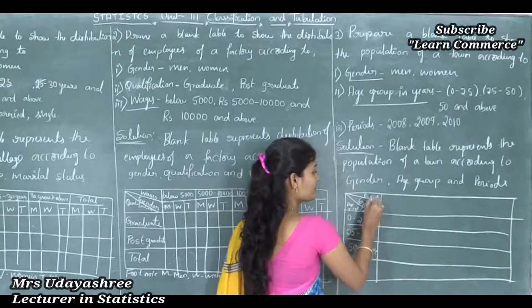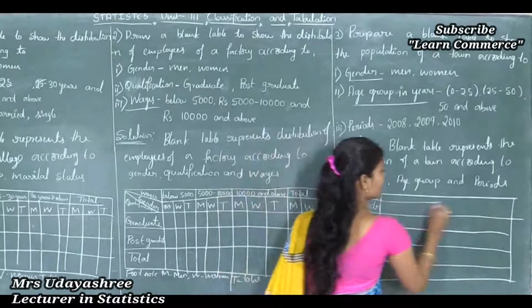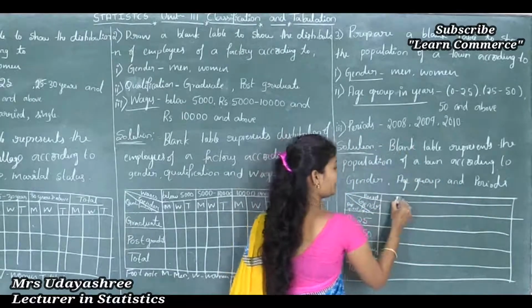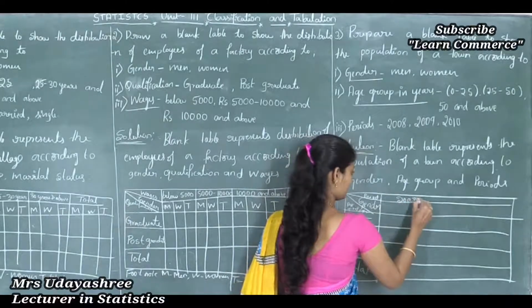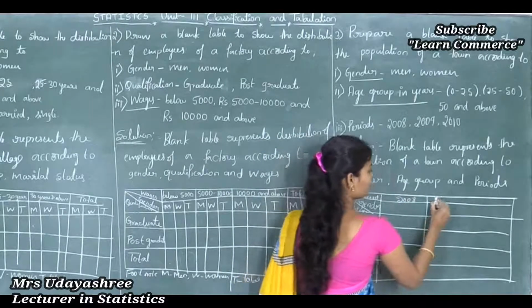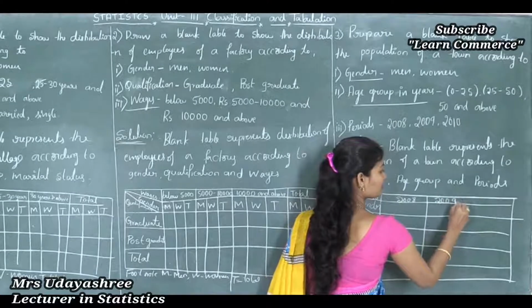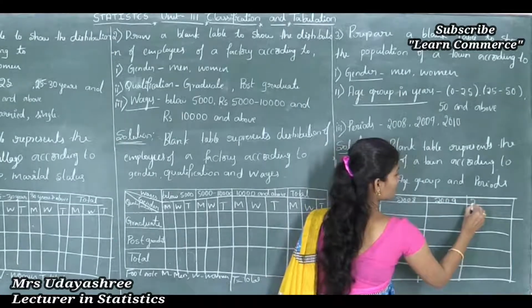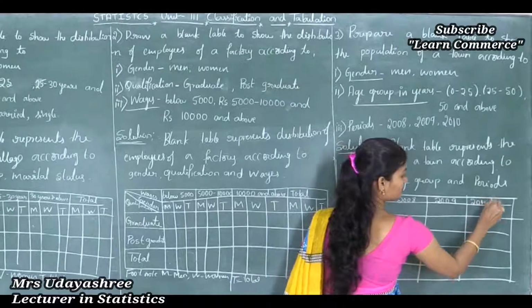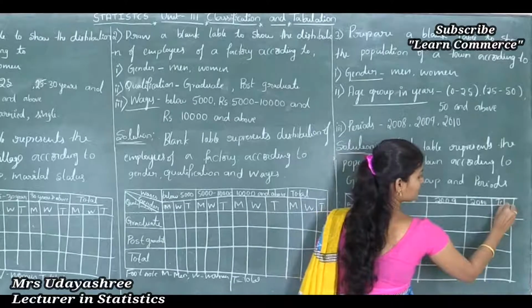And see, next I will write periods. So here 2009, last one is 2010, last column is total.